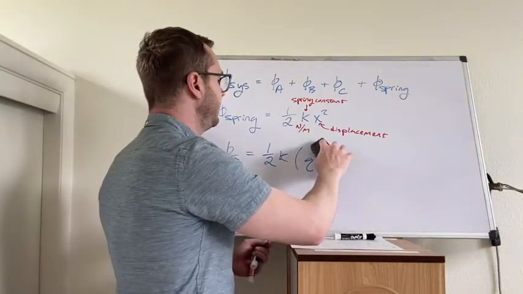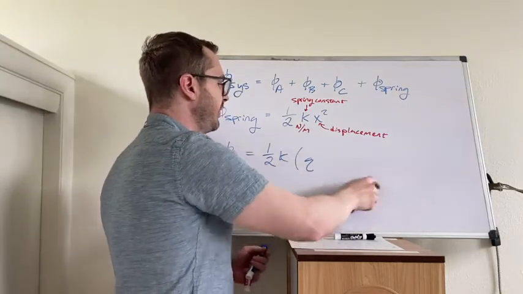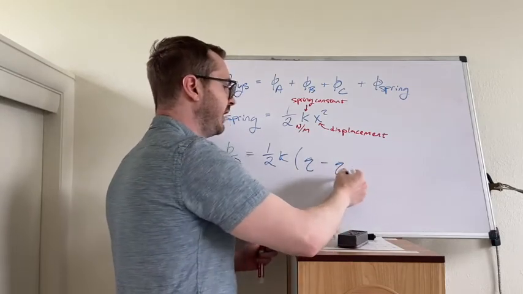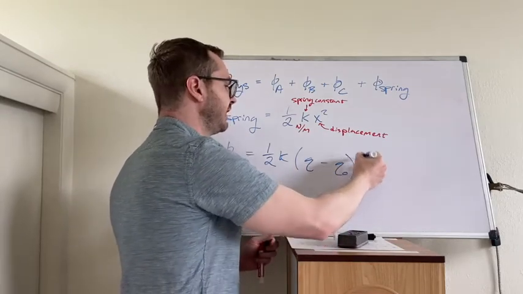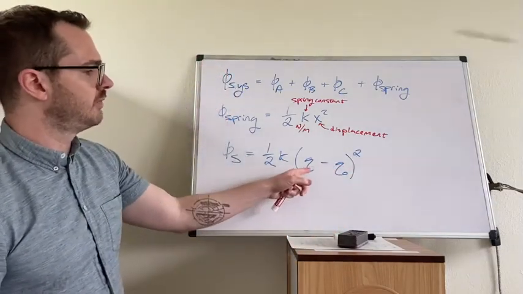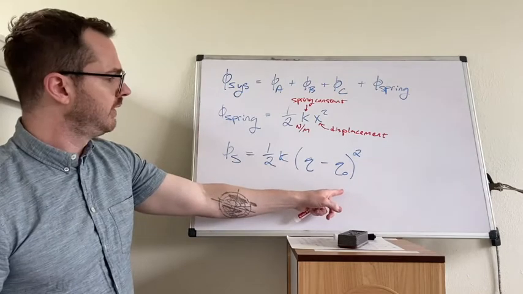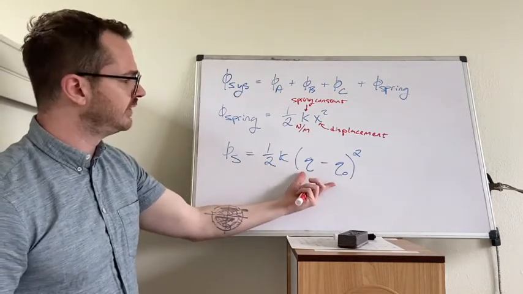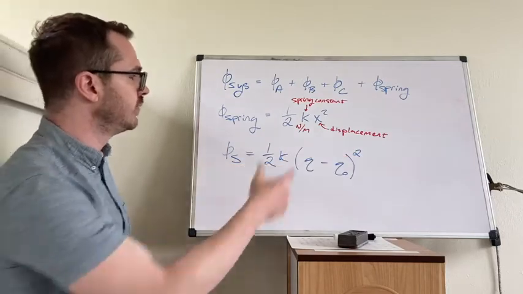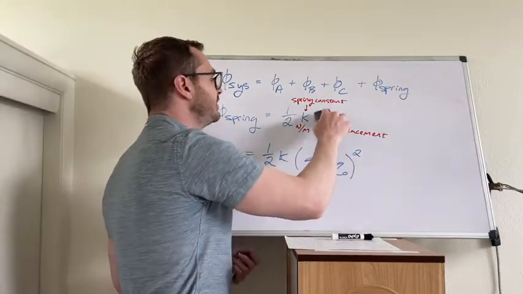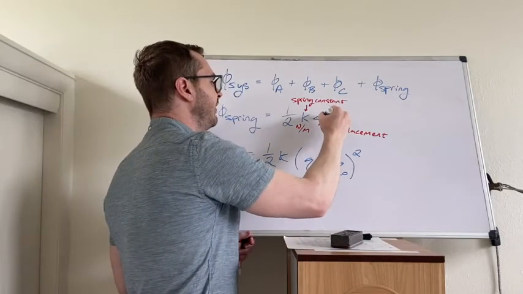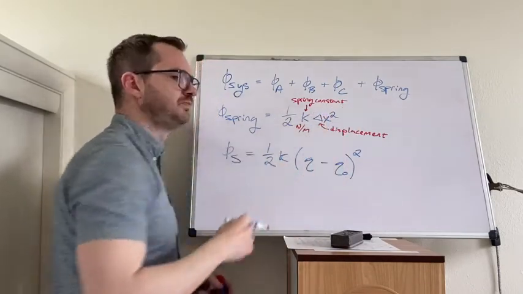Here's how you modify it. I'm going to open up the parentheses: Q minus Q sub naught. So again, this sub naught is the initial length. And then you square the whole quantity. It's not Q squared minus Q naught squared. It's the whole quantity, the change in position, and it's that quantity squared. We could go up to this equation, and just to make that a little more clear, I'm going to say that this is delta x squared.